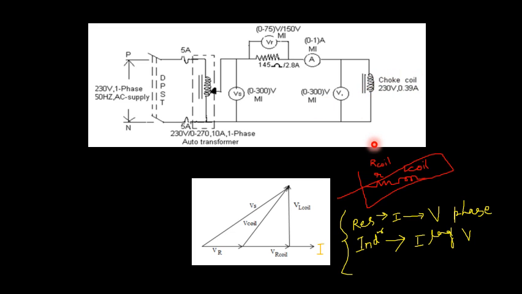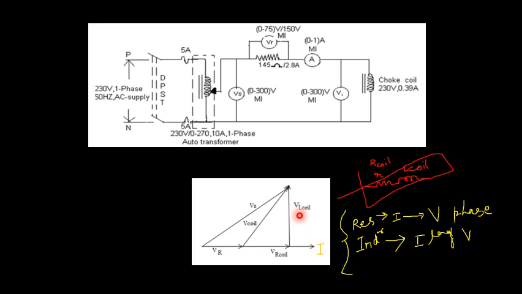It comprises a resistor as well as an inductor. So the combination of the voltage appearing across the resistive component as well as the inductive component will give me the entire choke coil voltage. It comprises VR coil, which is in phase with the current, and VL coil, which is lagging the current.